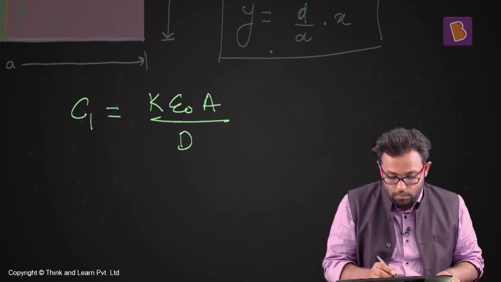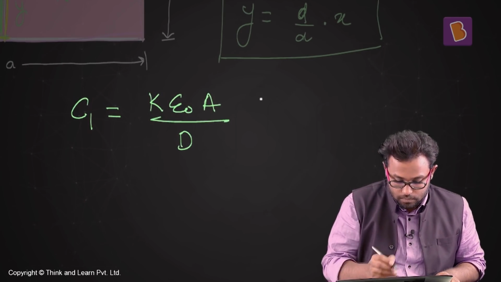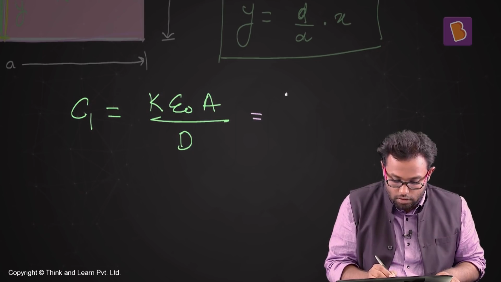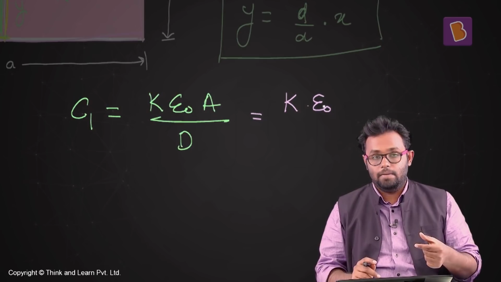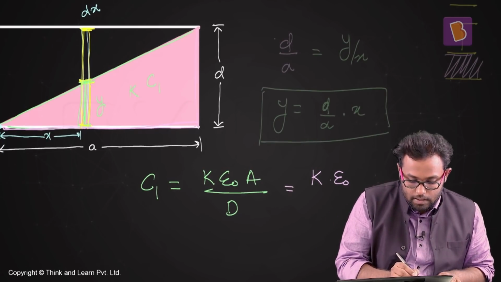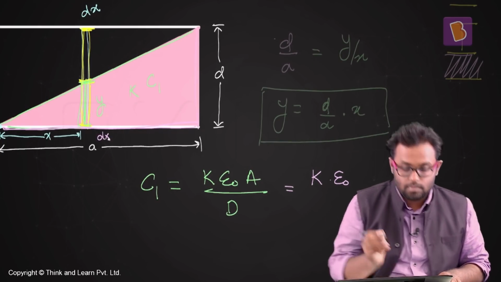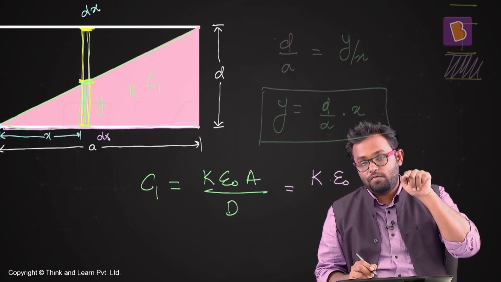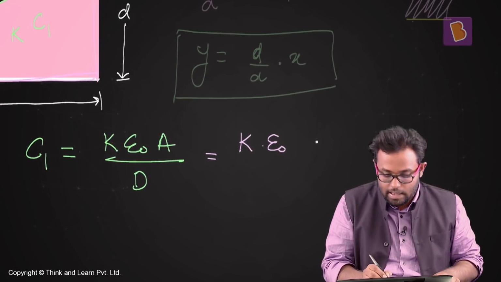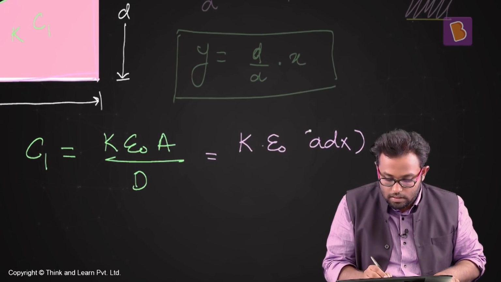Here, the dielectric constant is still K, and epsilon naught is epsilon naught. What will be the area? This length is equal to dx, and the width of this plate is A. So width multiplied by this length, A times dx, gives the area.